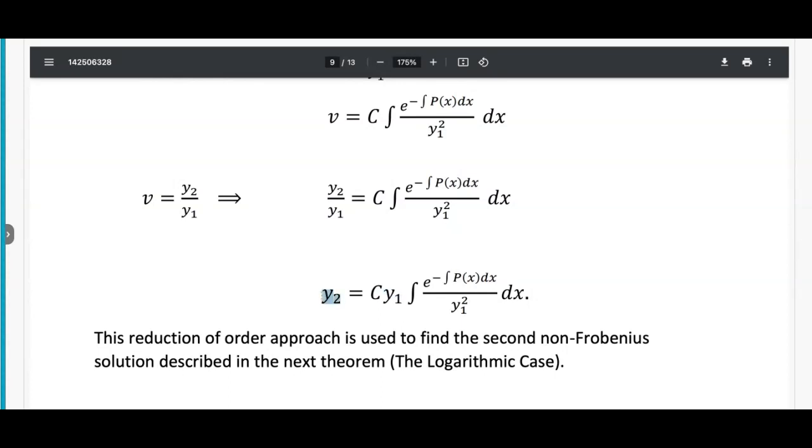So y2, our second solution, can be written as a constant times the first solution, times the integral of this divided by y1 squared dx. Anyone has any questions? So this is called reduction of order. This is new to us.